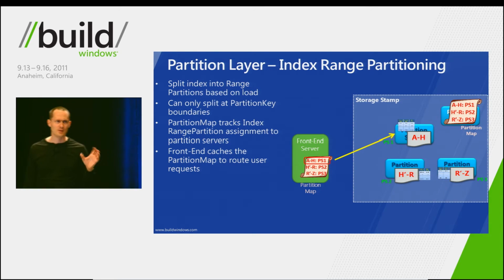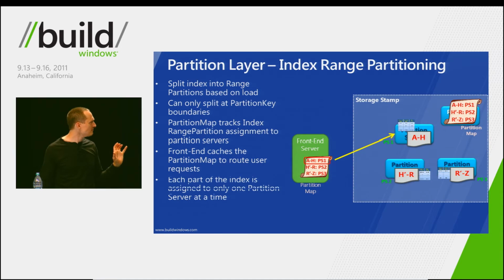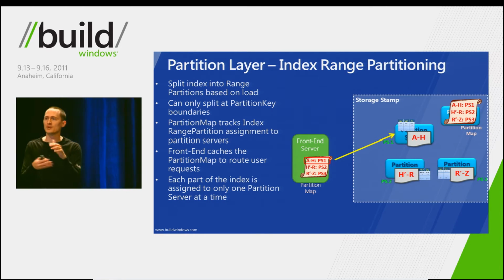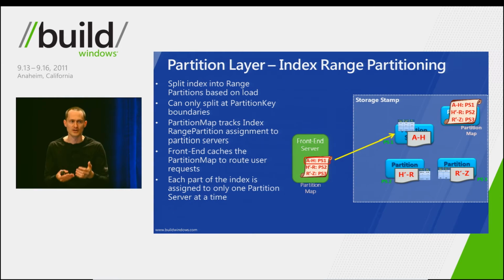Okay? Now, one important point here is that each part of the index is only served by one partition server at a time. And that partition server that's serving that part of the index is responsible for providing strong consistency over the objects in that index and performing all the operations that you could do for your objects, such as enumeration, get, put, etc.